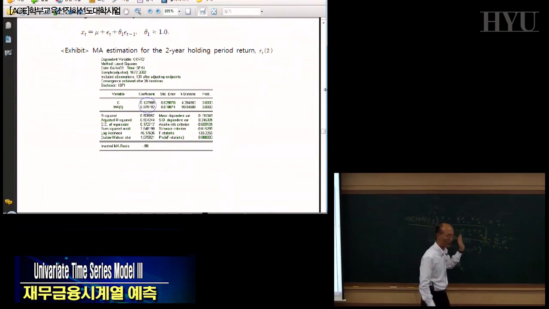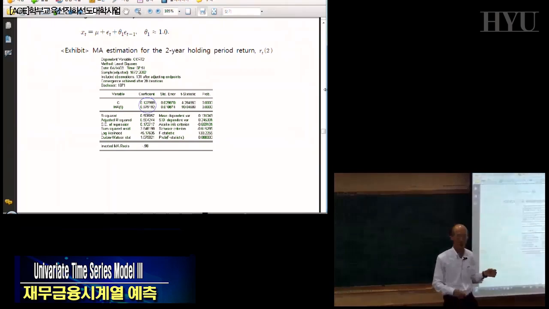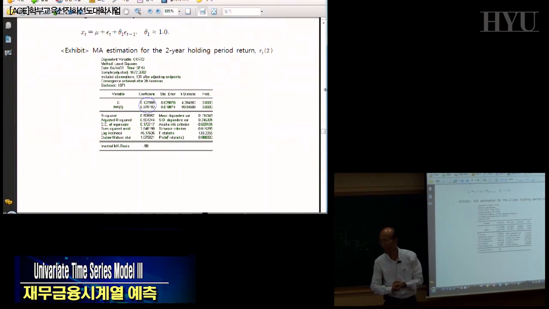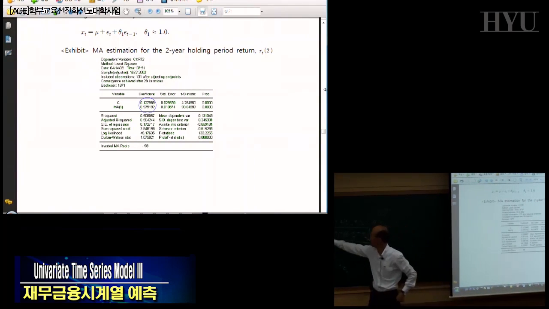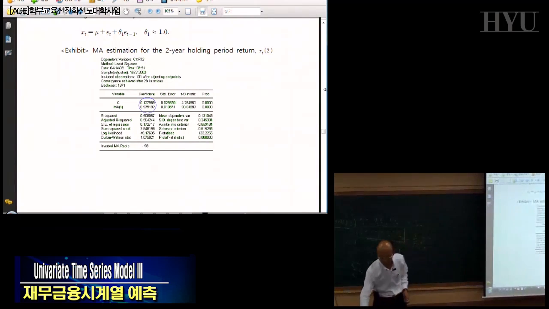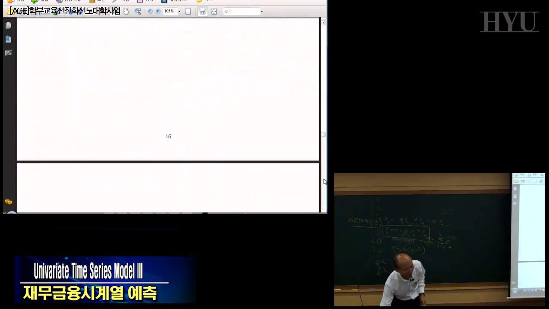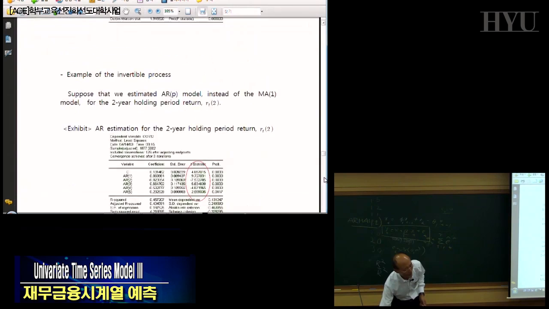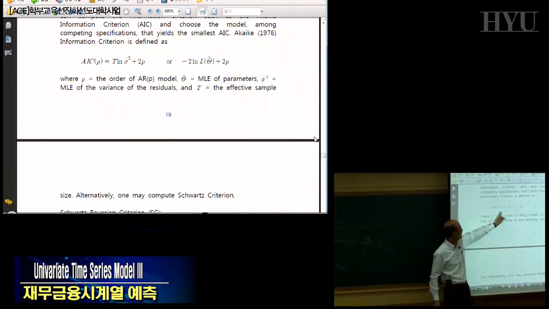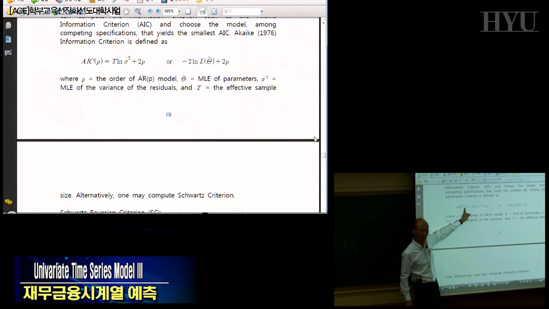So in this way, you don't have to worry about reading off the shape of the sample correlation function or partial correlation function, right? When you have both of these. Of course, in this example, we have different values for P, but if you have an ARMA(P,Q) model, it's still the same.